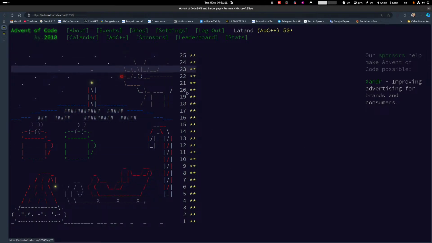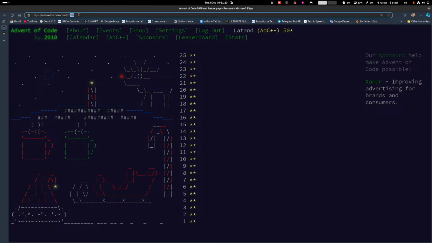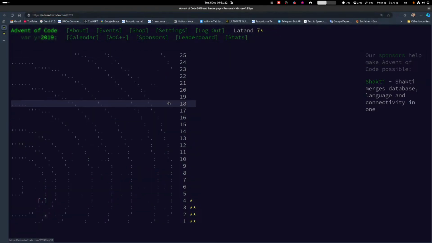Yeah, after I solved all of the tasks, it seems like all of them are covered, but for example, if I do 2019, I solved 3 of the tasks, not in the first days, but the 4th day I solved, and you can see that it's white color.